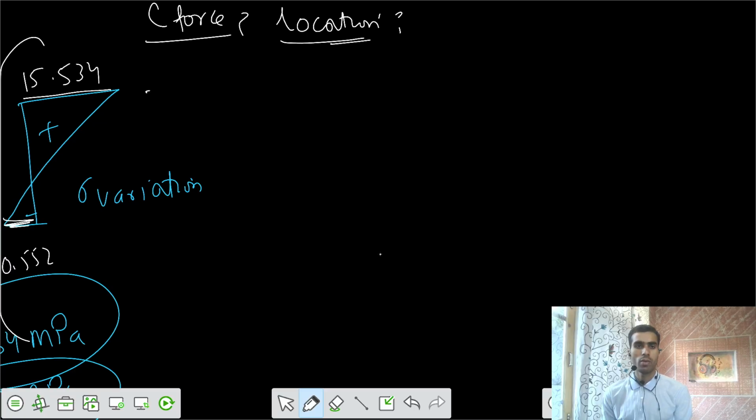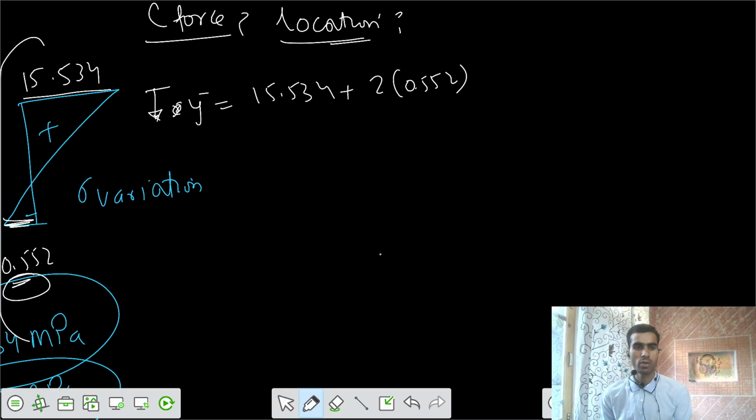I would say from the top your C force can be calculated somewhere here at some value of y bar equals 15.534 plus 2 times 0.552. But your value of 0.552 is in the negative diagram. Because its value is negative, I have to keep the negative also, because we are calculating the resultant.